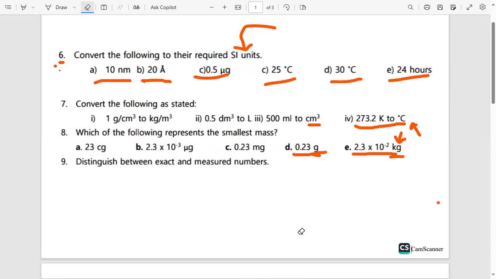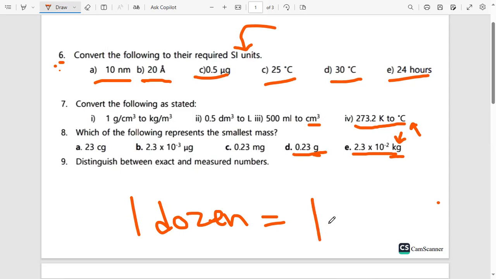But the exact numbers are just numbers that you obtain by counting, or numbers that are in a fixed definition. Okay, so for example, we know that 1 dozen. Okay, some people say dozen. Okay, so 1 dozen is equal to what? Okay, when they say 1 dozen, what do they mean? They mean 12. Yes, 12. Okay, so 1 dozen is an exact number because it means exactly 12.